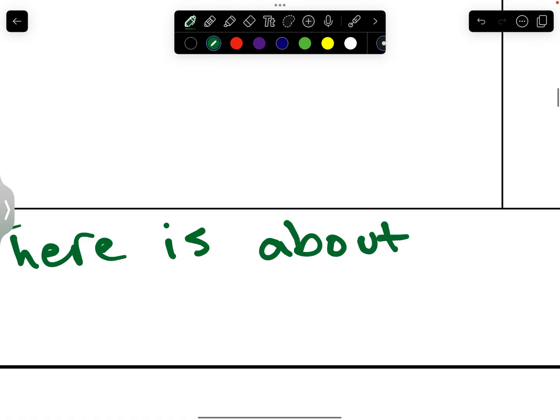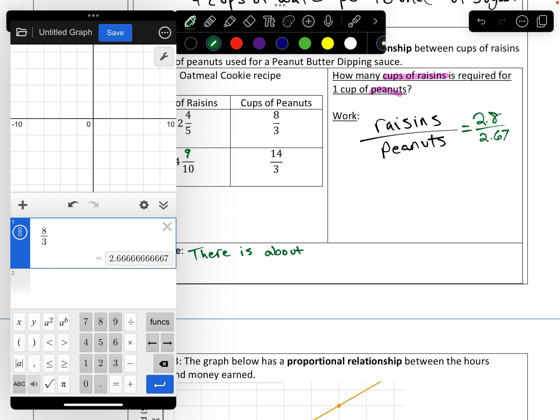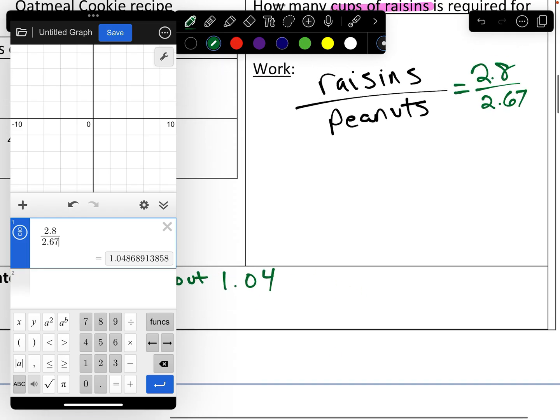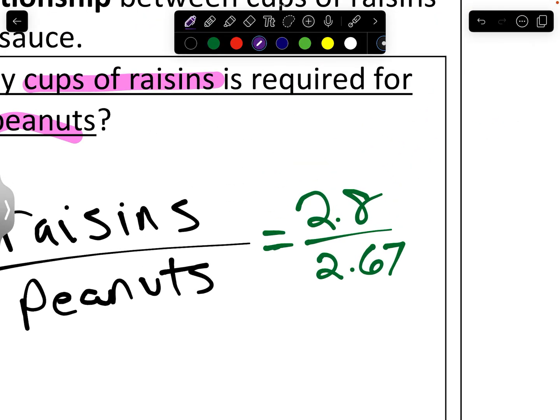Whenever we round, and we're not taking the full number, I want us to use the word about. So if we do 2.8 divided by 2.67, this is about 1.04 over 1.